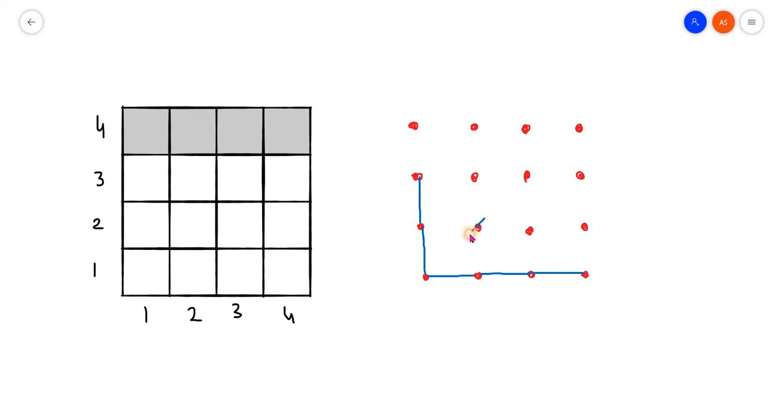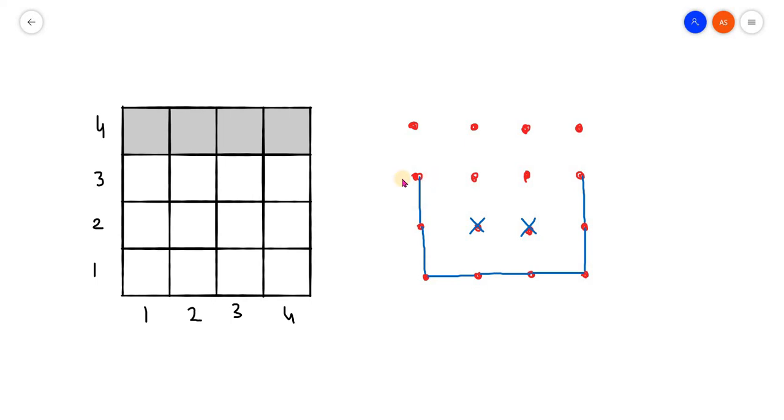So we say that there is no connectivity to any nodes. And then we have node number 8, which is connected to node number 4 and also node number 12.